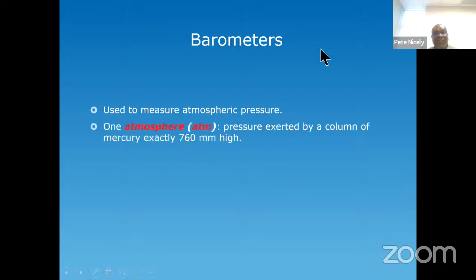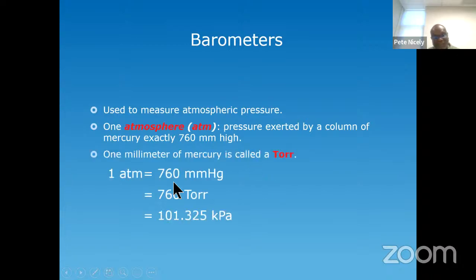So the instrument that is used to measure the atmospheric pressure, as I said before, is called a barometer. And this is where we're going to get into the relationship between the atmosphere unit and the millimeter mercury unit. The definition of the atmosphere unit is that 1 atmosphere is the pressure exerted by a column of mercury which is 760 millimeters high.